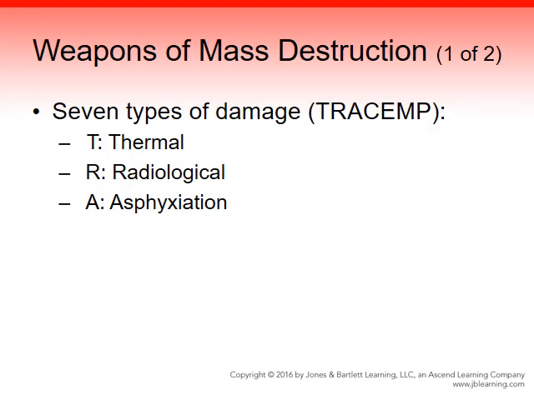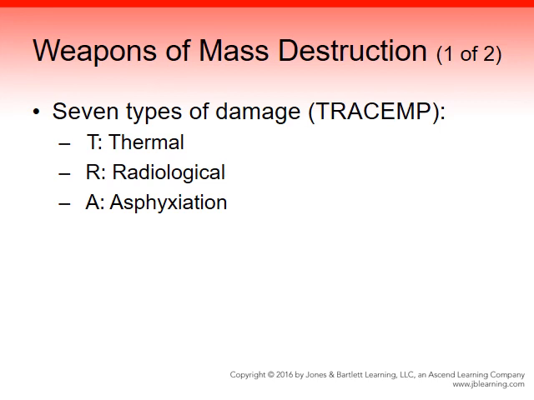Okay, gang, another acronym for you, and I apologize, there is just a ton of acronyms, but they're meant to help you remember important information. When we're looking at weapons of mass destruction, which have really come to fruition in recent years in the media, and should definitely be something responders look into because it is a real threat, there are 7 types of damaging weapons of mass destruction, and TRACEM P is the acronym they use.